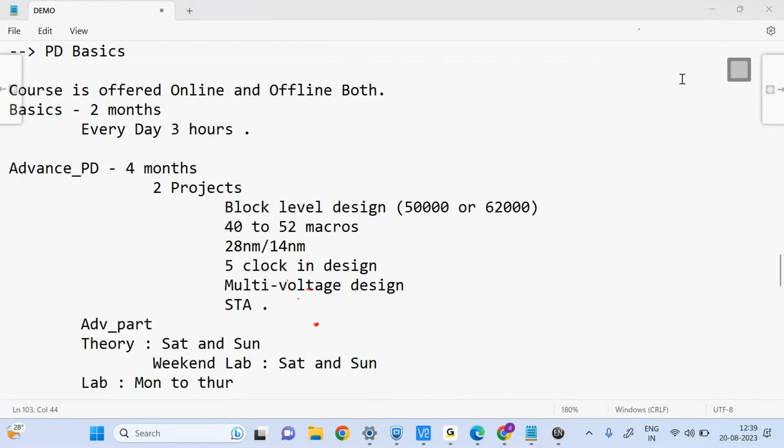The timings, admin will inform you. I cannot tell about the timings. Generally, basics timings will be between 9:30 and 1:30. After that, for advanced, the admin will inform you.